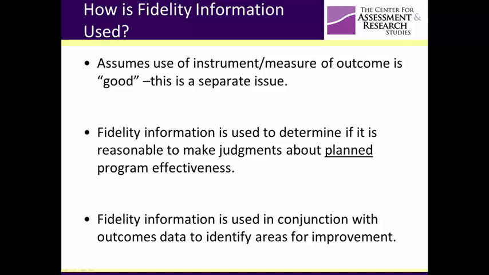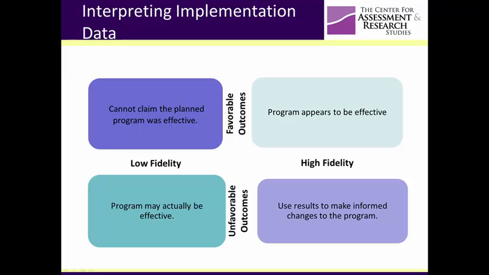Fidelity information is used in conjunction with outcome assessment data to make judgments about program effectiveness and identify areas for improvement. So let's take a look at how this can work.